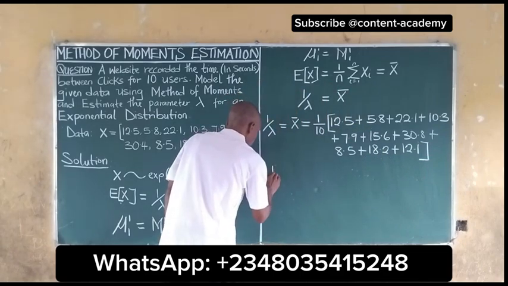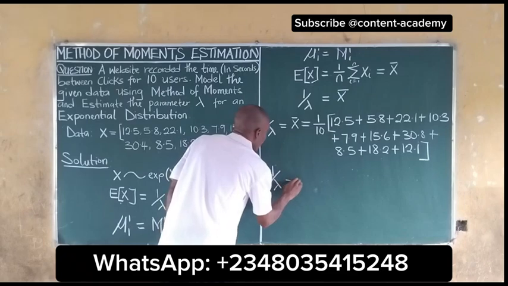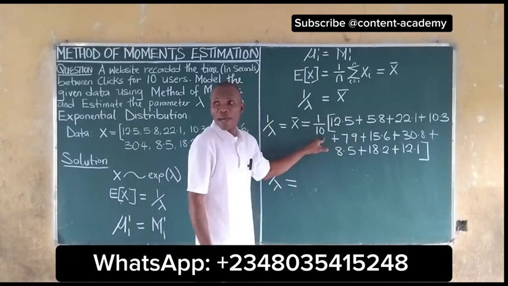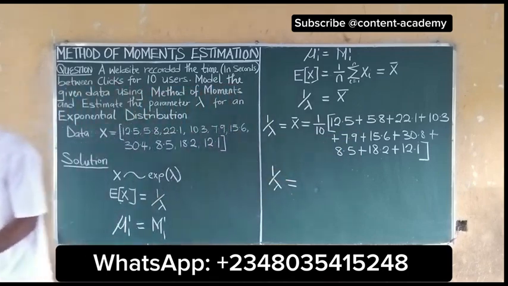It then means that 1 over lambda will be equal to, we have to add the whole of this and divide it by 10. So we'll add the whole of this.